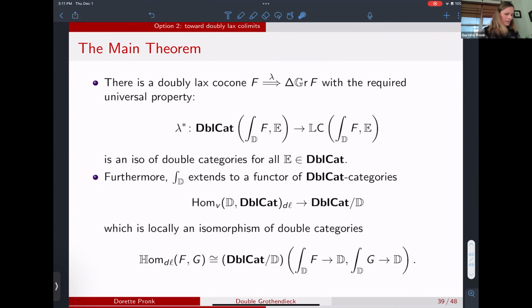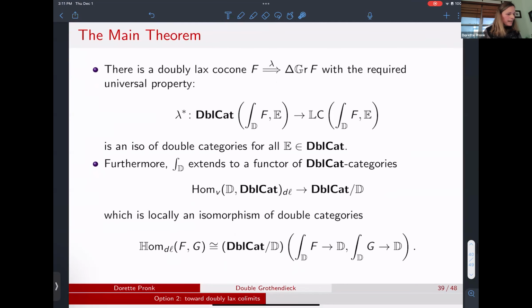And furthermore, we have locally an isomorphism of double categories between the hom of two vertical double functors, and on the other hand, the maps between the Grothendieck constructions over D. So that's promising because it says, if you can identify what your image is of the Grothendieck construction, then you would have another notion of fibration and you would have a correspondence.